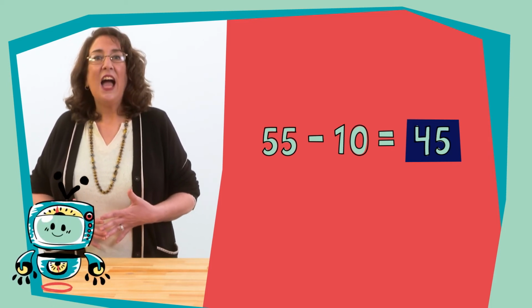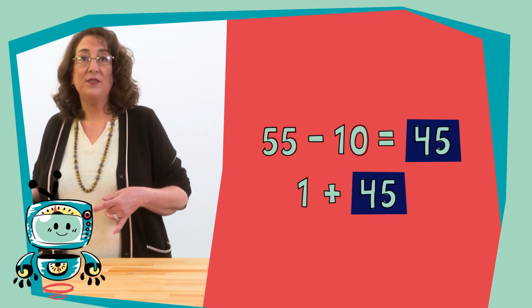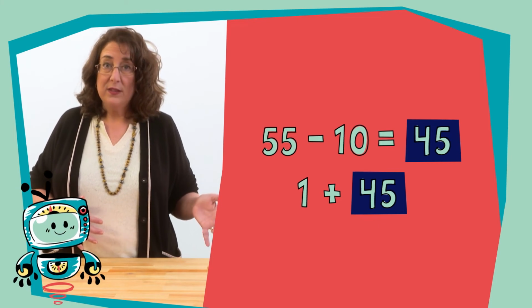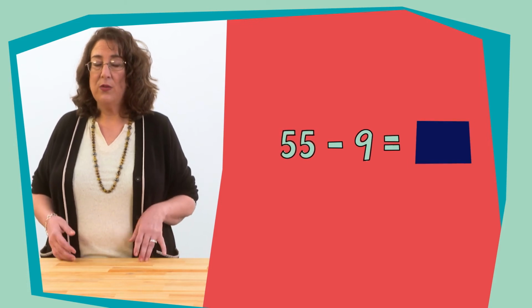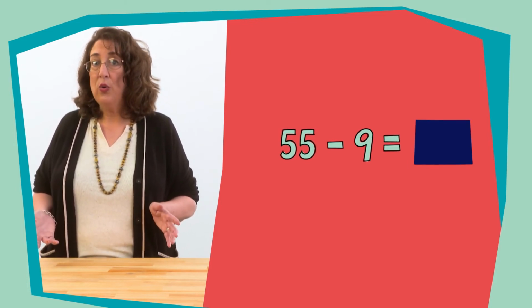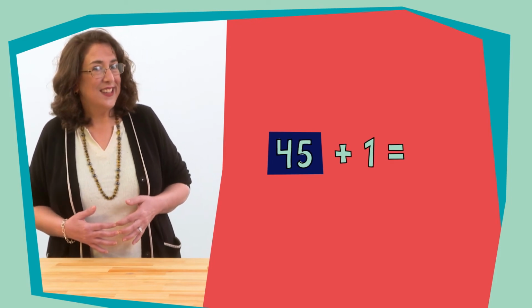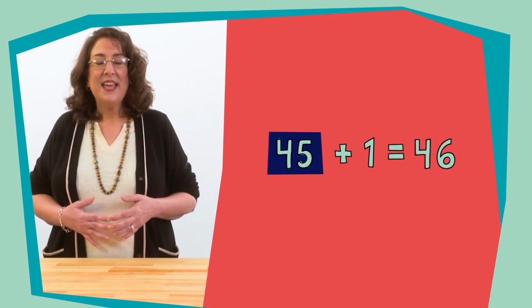Right. I heard you say we must add 1 back to 45 since we really took away 1 too many when we took away 10 instead of 9, which is the actual amount in our equation. So 45 plus 1 more is, you're right, I heard you say 46.